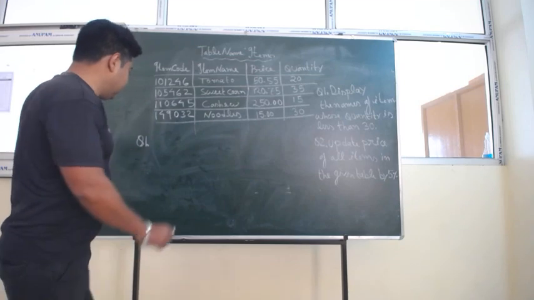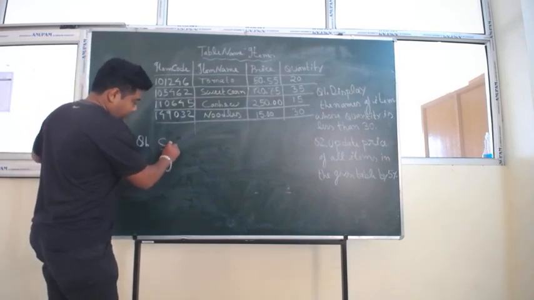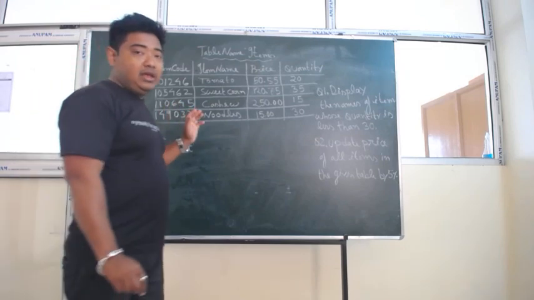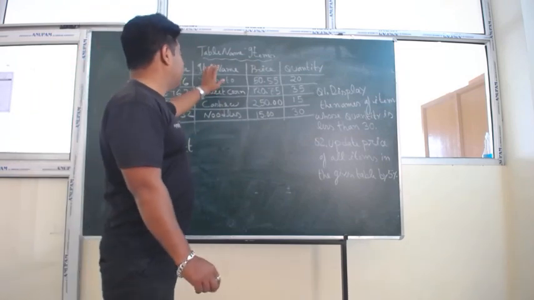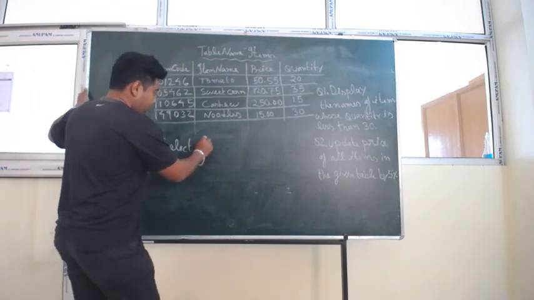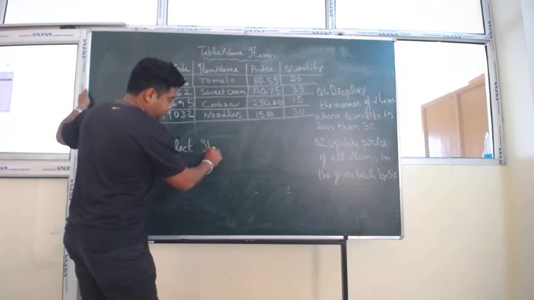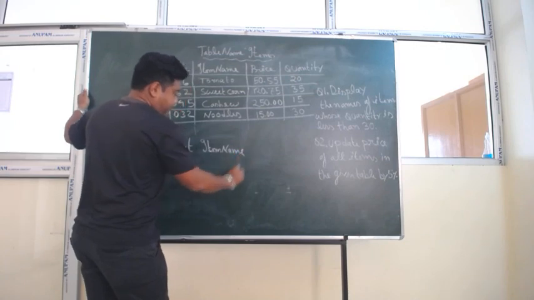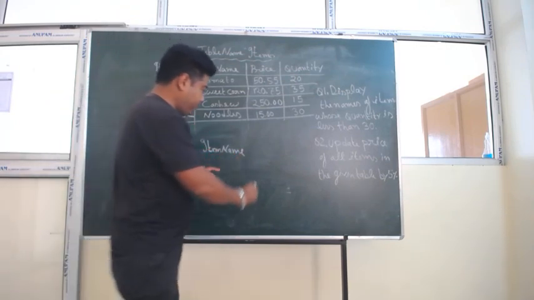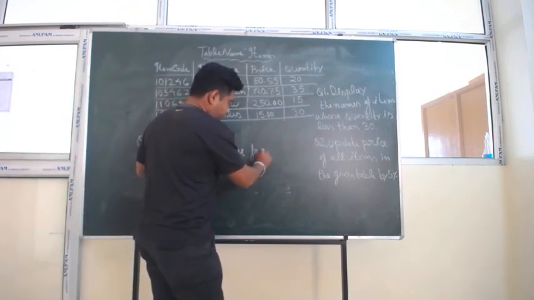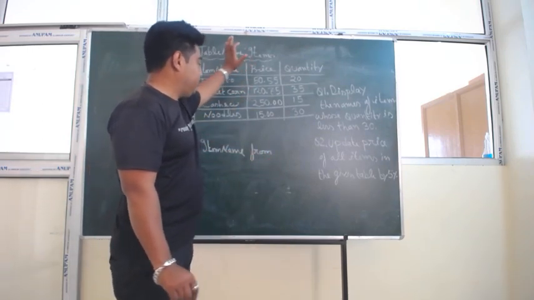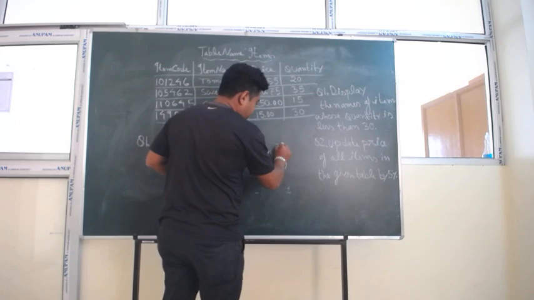That's why select, what we have to display: item name, only names, from which table? From the items table.